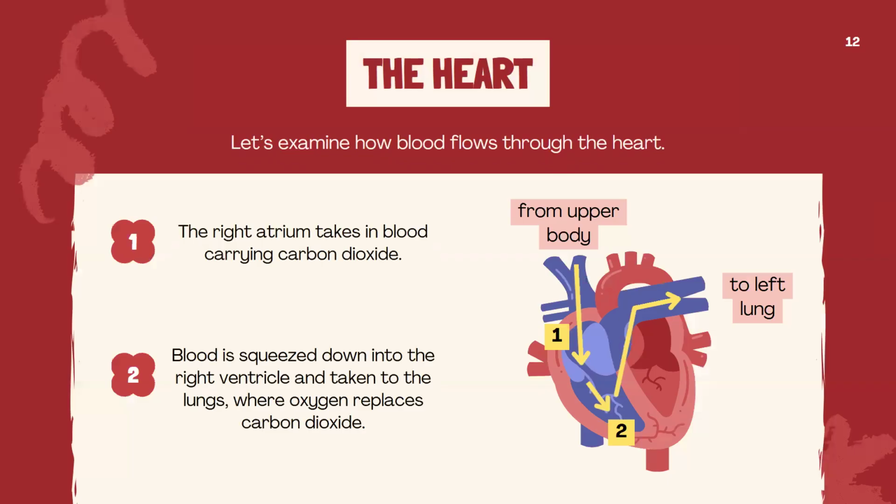Next, this we already studied. Once you see this one, first you have to just focus on the numbering, then you will understand the function. The first one is the right atrium, which takes in blood carrying carbon dioxide, that is, the carbon dioxide-containing blood, the deoxygenated blood.